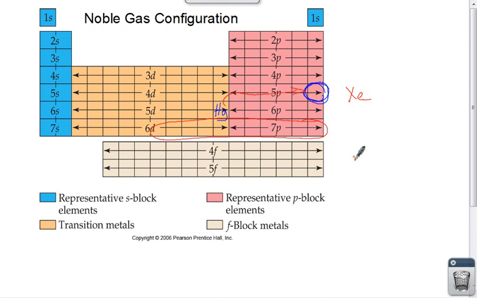By writing down xenon, we've just written down 1s2, 2s2, 2p6, 3s2, 3p6, 4s2, 3d10, 4p6, 5s2, 4d10, 5p6. We've just written all of that down without having to write it down. We just put it in brackets, and then we build on the pieces that come after that. So xenon plus these extra energy levels, sublevels, and electrons is now describing what the configuration would be for mercury.